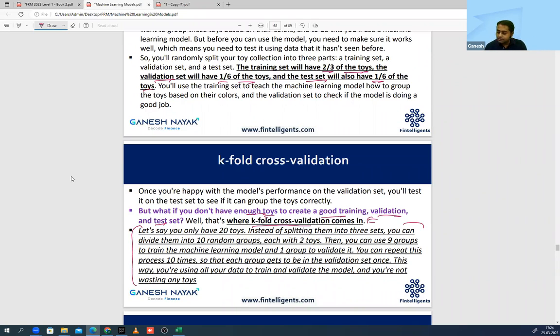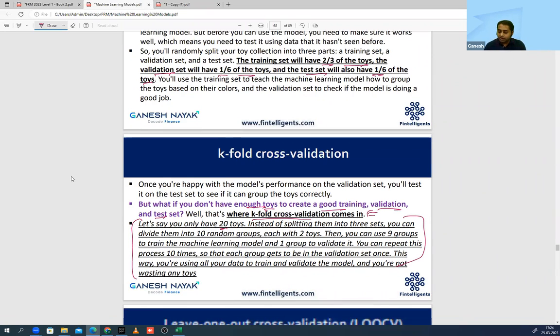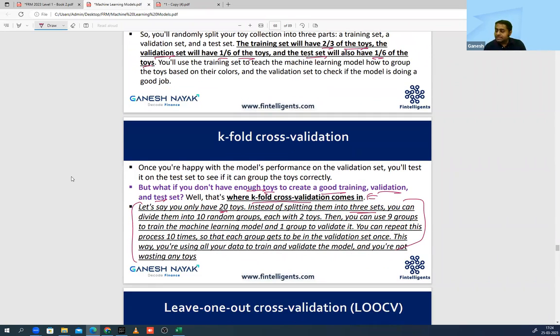What was the first approach? You can read this. Suppose I have only 20 data, 20 toys. You can divide them into 10 random groups. Why 10? Because if you remember in the book it was written that normally you take K as 5 or 10.